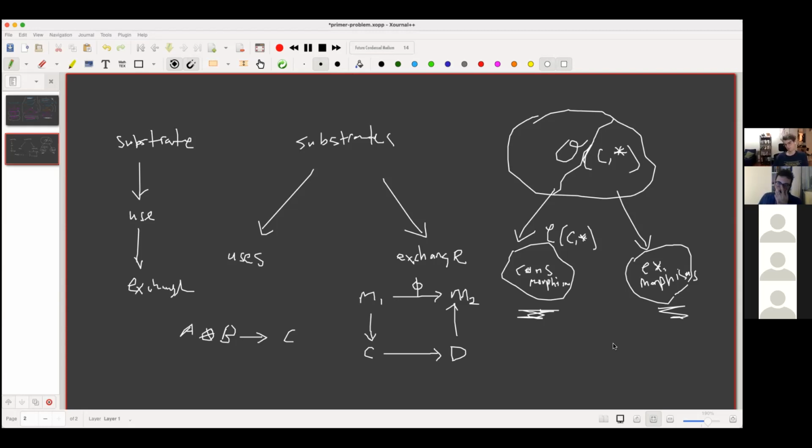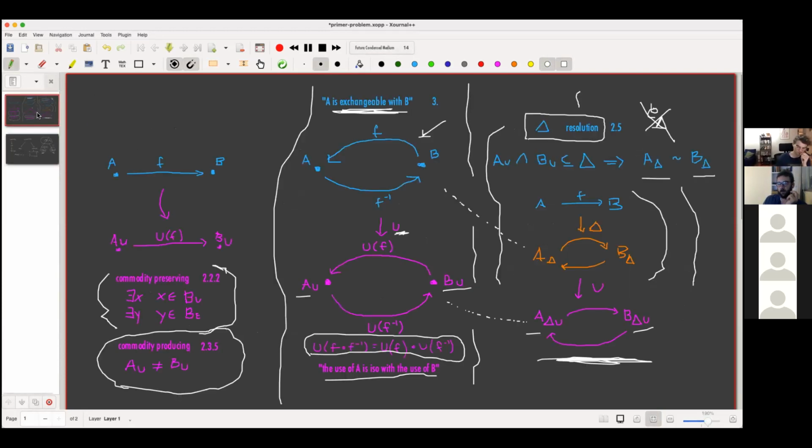But yeah, right now we say exchange morphisms come in pairs. They're all isomorphisms. They're all invertible, let's say. Mm-hmm. That's the defining feature of exchange morphisms. But that's where we run into the whole problem with this, right?